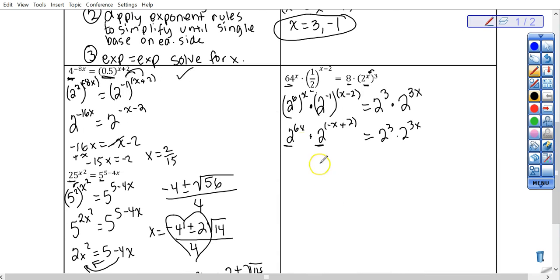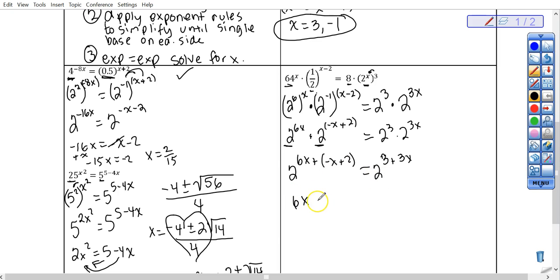So bringing it back down here, we have same base. So we're just going to add 6x plus the quantity -x plus 2, single base on the left. Same rule over here. We're going to do 2 to the 3 plus 3x. So we multiply those same bases by adding their exponents. All right, so now we can apply step 3 that says if the bases are the same, then the exponents are equivalent.